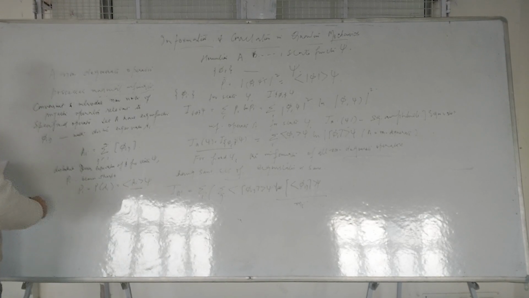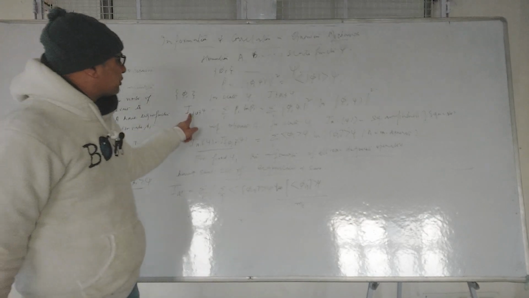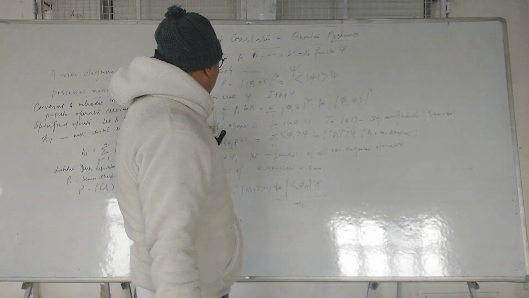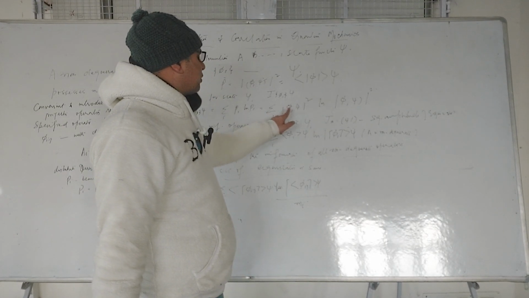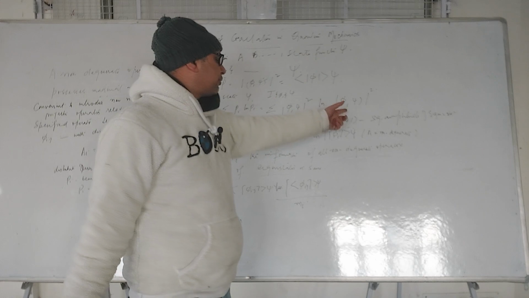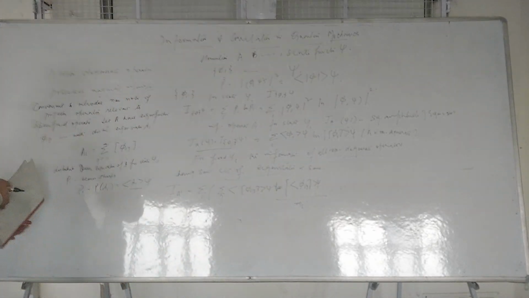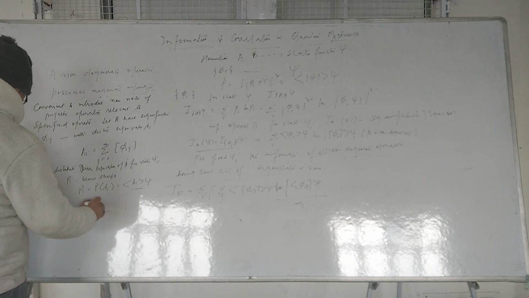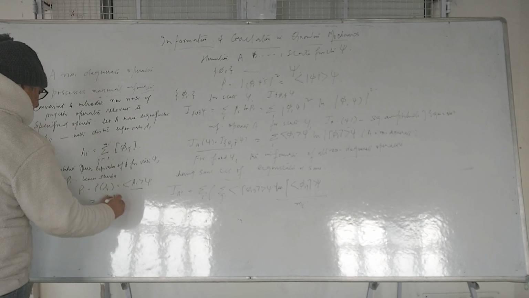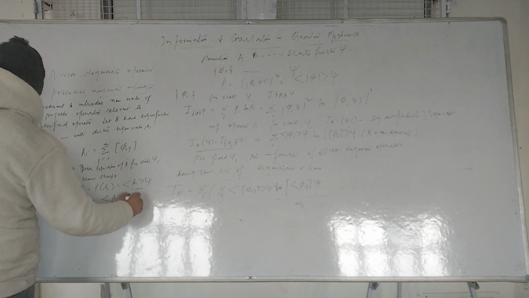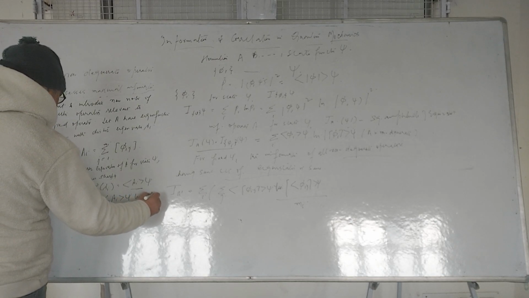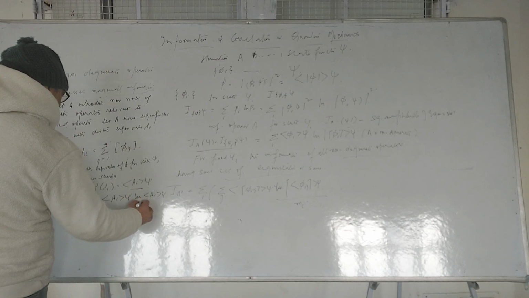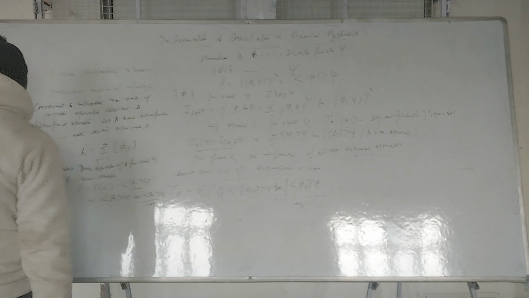Here we come to our notion of information, how we defined this information as n log n. So here this is defined as A of psi log of A of psi divided by m of i.